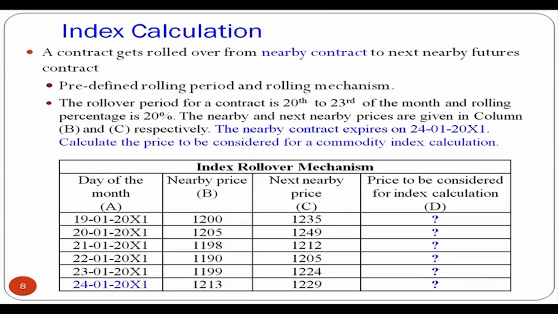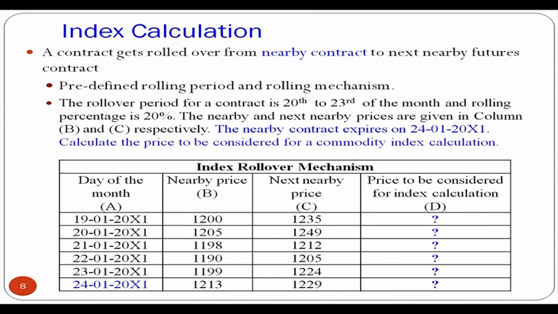When we are talking about the word rollover, it means the nearby contract will be shifted to the next nearby contract. Suppose an index only considers the M1 contracts, that is, the contracts which are near maturity.